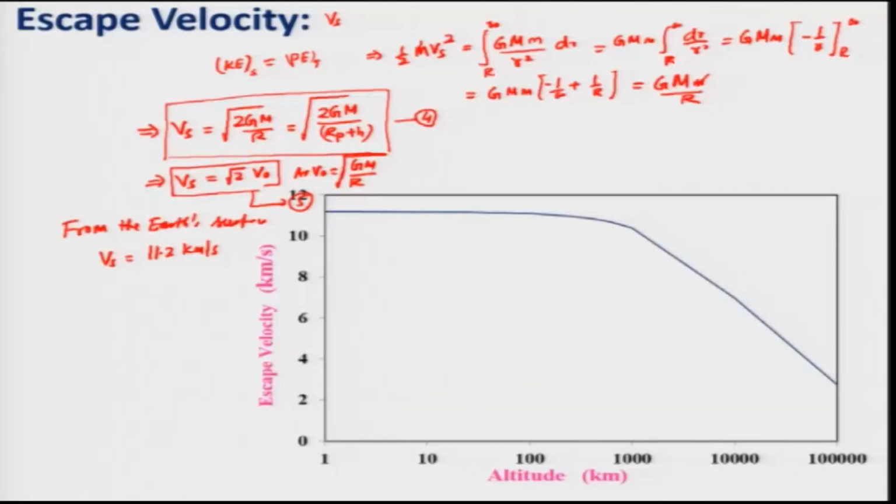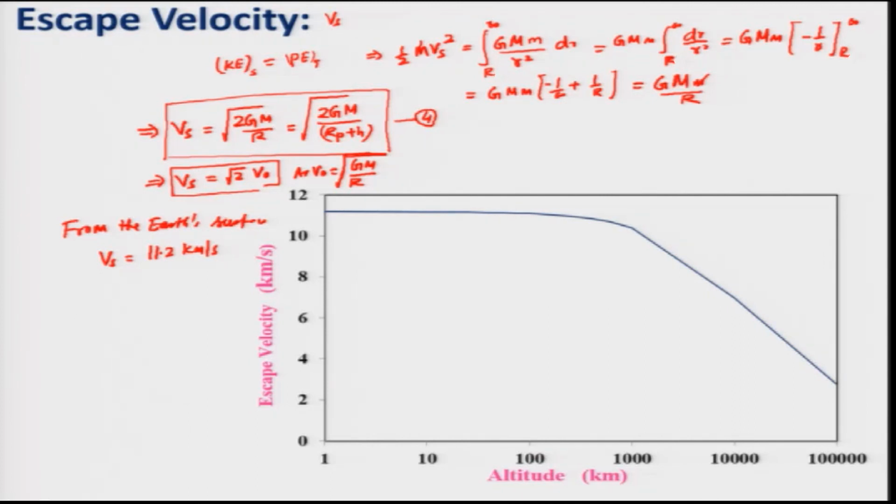And let us look at how this escape velocity changes with altitude. You can say it remains almost constant at the lower altitudes, but as altitude increases it decreases very rapidly. And keep in mind that the altitude is plotted on a log scale.